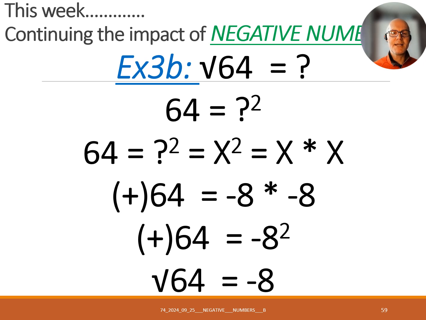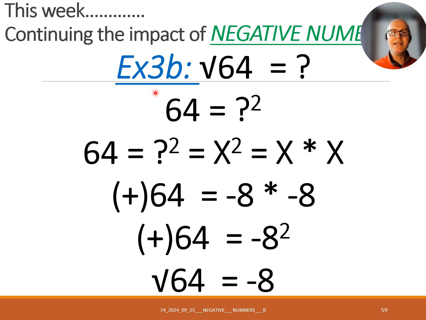Because what we've already learnt is that to get a positive answer, it doesn't have to be a positive times a positive. We can also get a positive answer if we multiply a negative by a negative. So there's two answers to the square root of 64.